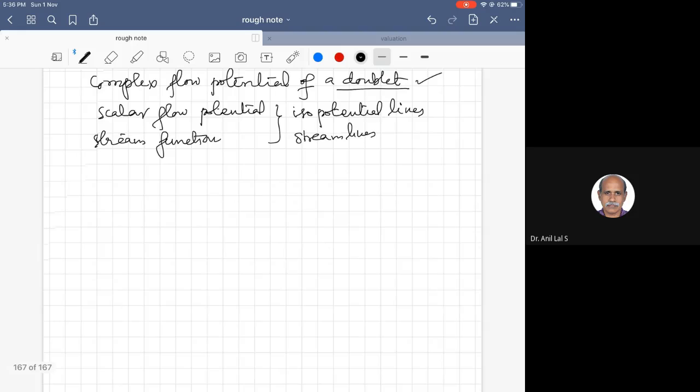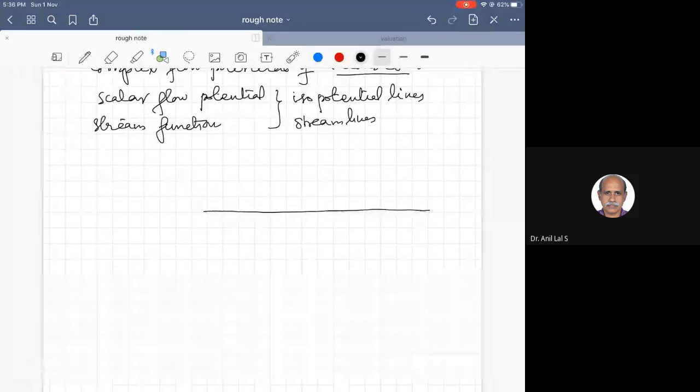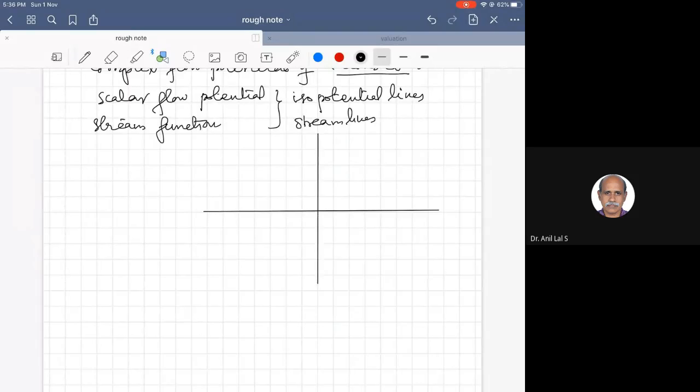So the doublet in fluid mechanics means actually it is a pair of source and sink. So a doublet consists of a source and a sink. It's a source at some point and there's a sink.